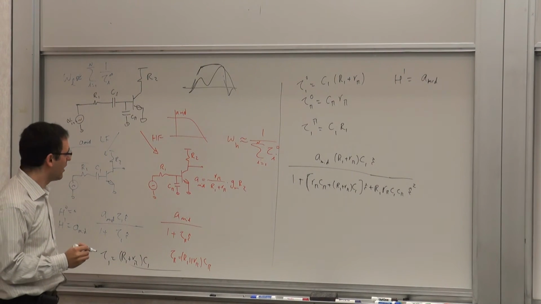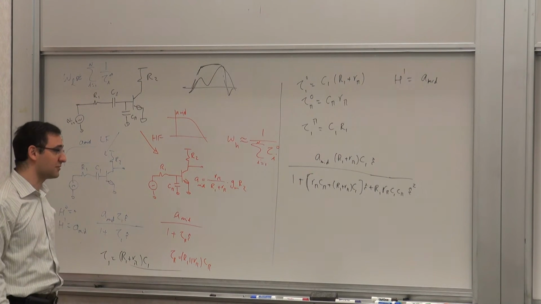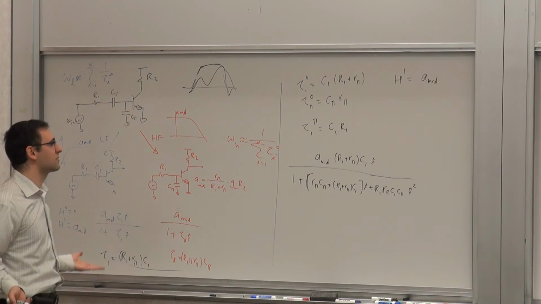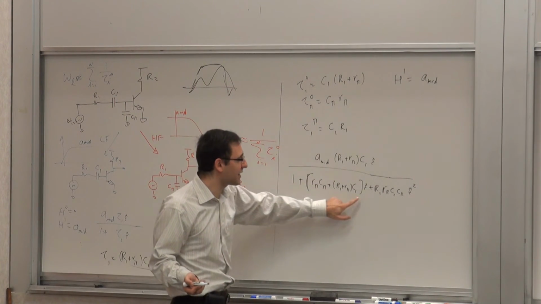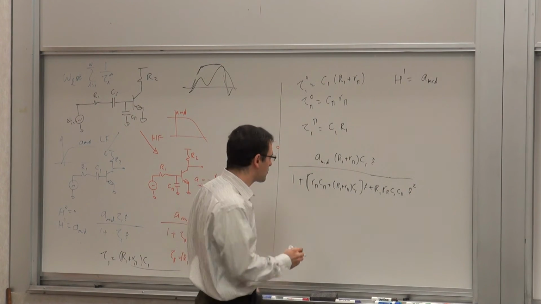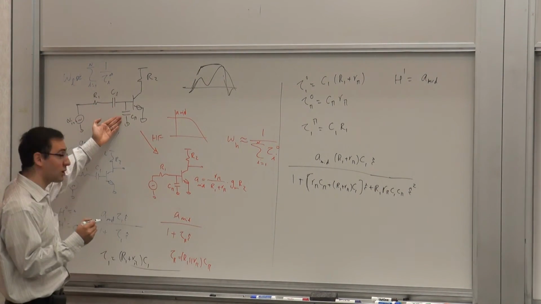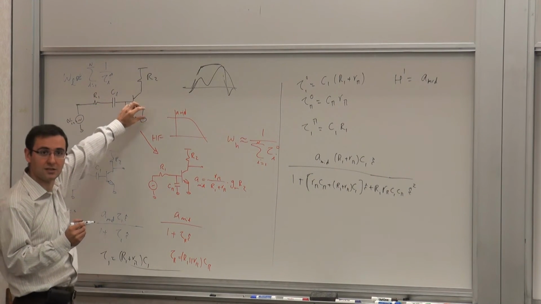Correct? Okay. I claim that I could factor it, right? Can I factor it? Can they be factored? In general, for any values of C1 and C pi, the denominator cannot be factored. But let's make a reasonable assumption, because if you want this to work, C1 has to be much larger than C pi. This is a coupling capacitor, this is a parasitic of the transistor.